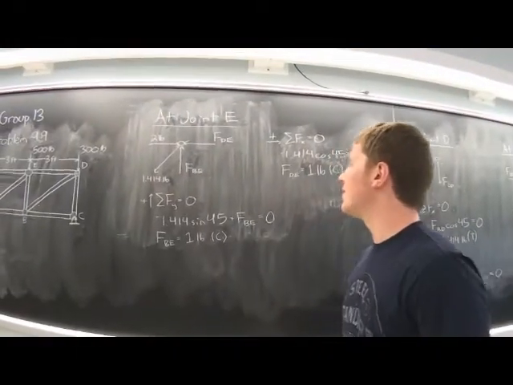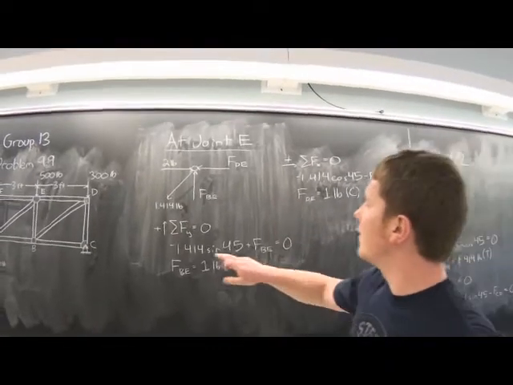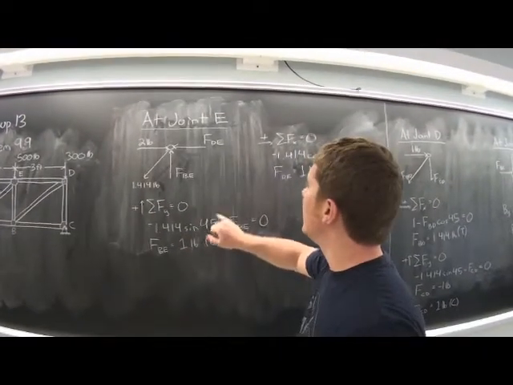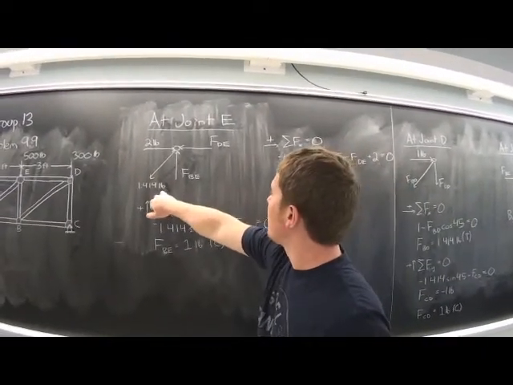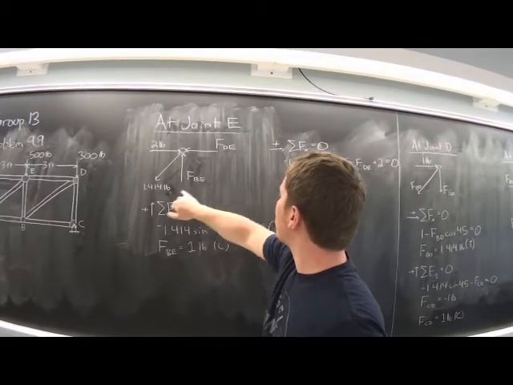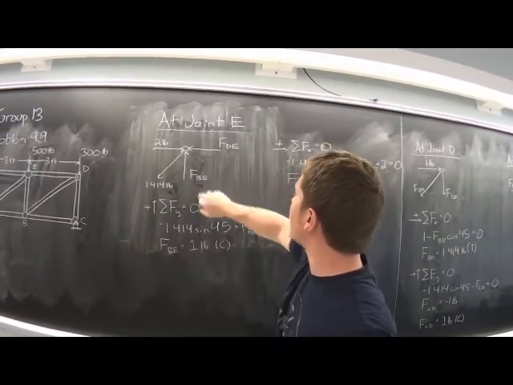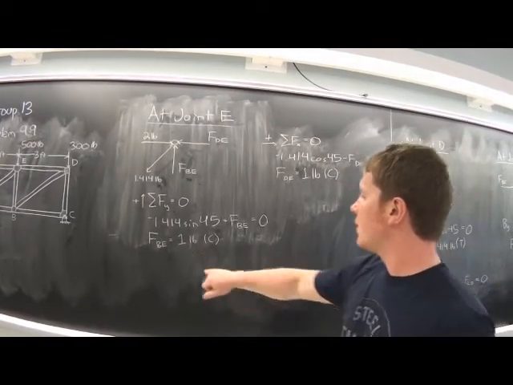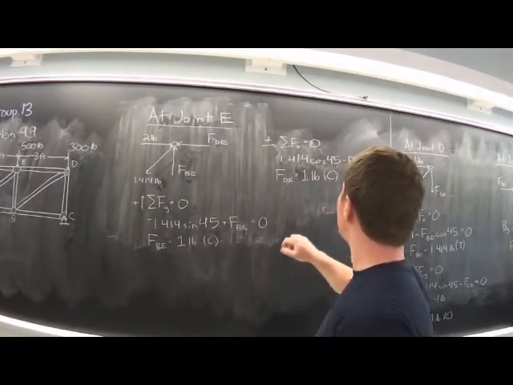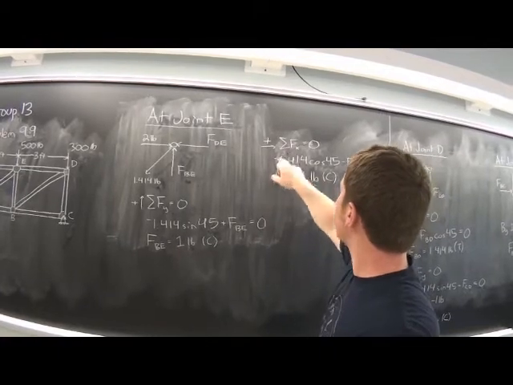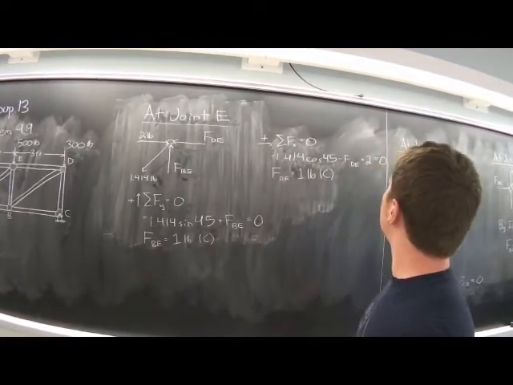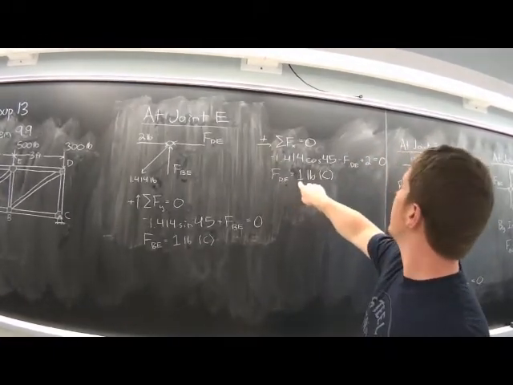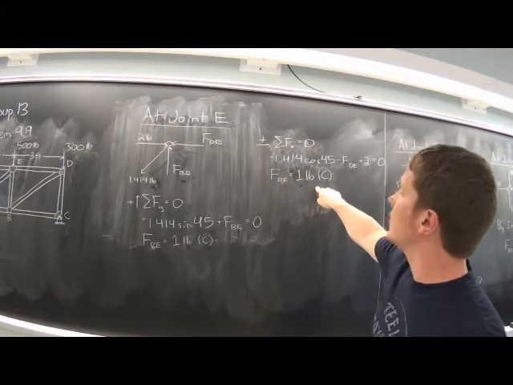Moving on with the virtual work problem, at joint E we take the sum of the forces in the y, and we see that the force 1.14, in the y direction, is going to be equal to FBE in the y direction, which gives us 1 pound. Then we take the sum of the forces in the x, and we find that FDE is equal to 1 pound in compression.